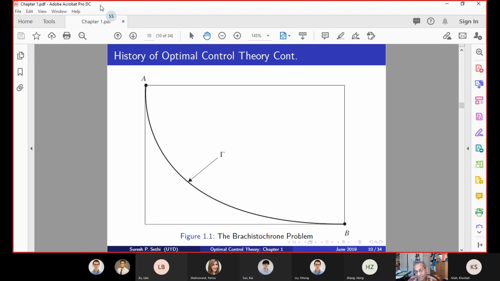Now, a lot of people thought the straight line is the optimal solution because it takes less distance to travel. But it's not the case because acceleration is important. So the wire actually is of this shape. This shape is a cycloid.